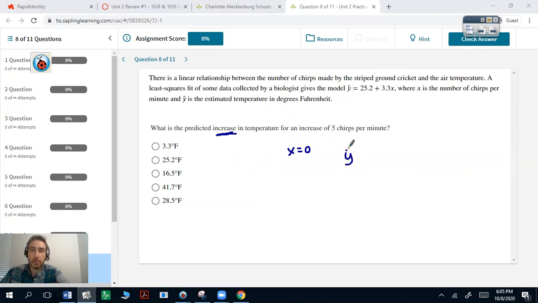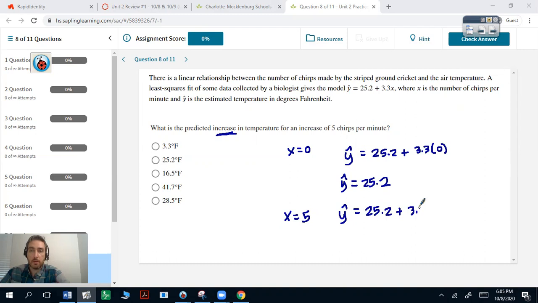Well, then my temperature is going to be 25.2 plus 3.3 times 0. Well, that's going to be 25.2. Now let's increase that to 5. Y hat equals 25.2 plus 3.3 times 5. I mean, you could do any two numbers, but I'm picking 0 and 5 just because they're the smallest numbers I can work with. So 3.3 times 5 plus 25.2.